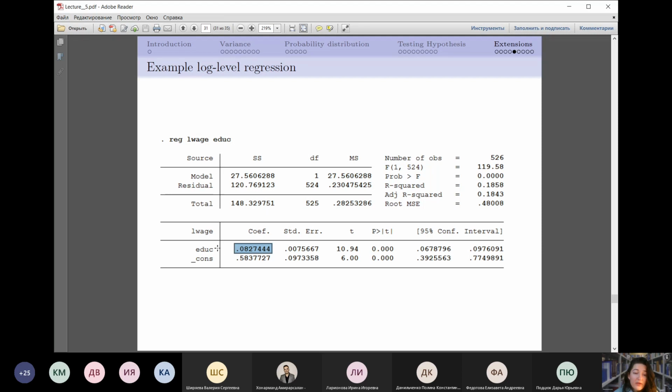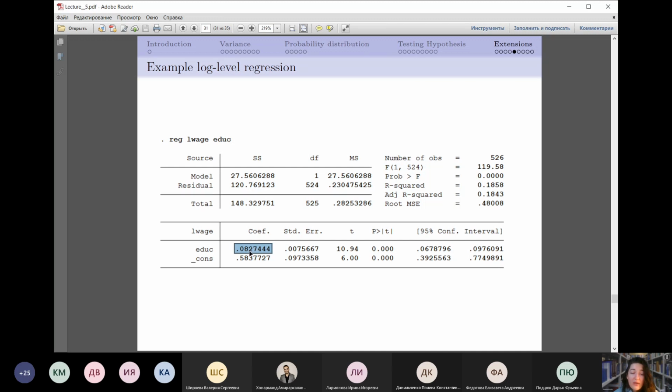So we can say that one more year of education increases hourly wage by 8.2 or 8.3 percent after rounding, on average.